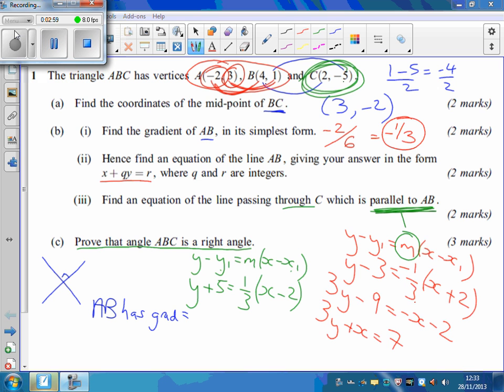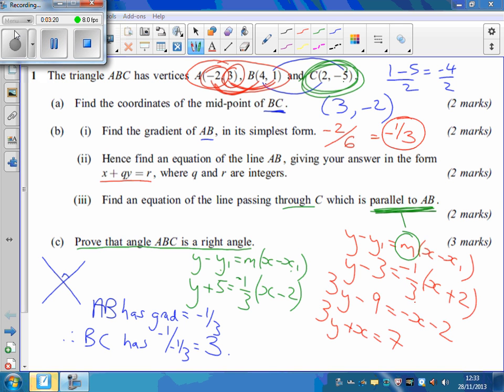Well, -1/3 up here, which actually means that that answer there should have a minus in it. AB is -1/3, then we would expect BC should have gradient -1 over that. So we're hoping BC's got a gradient of 3.